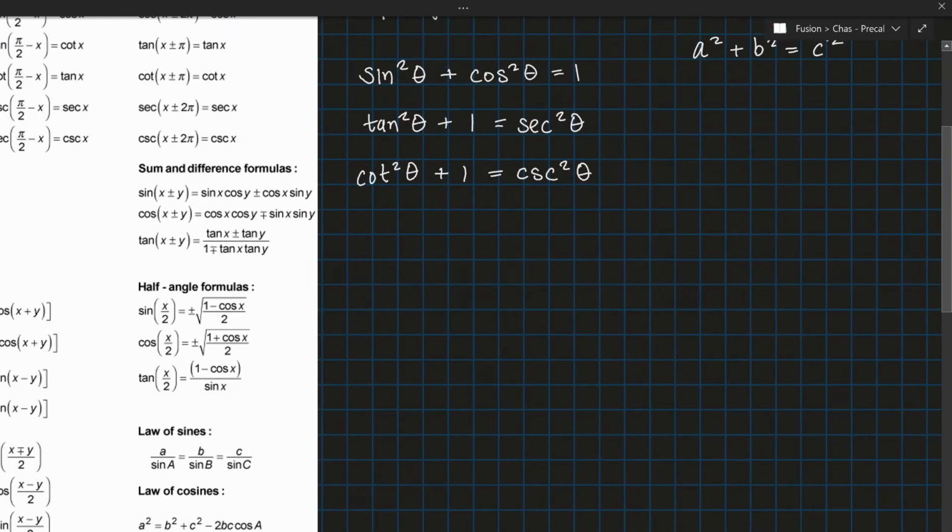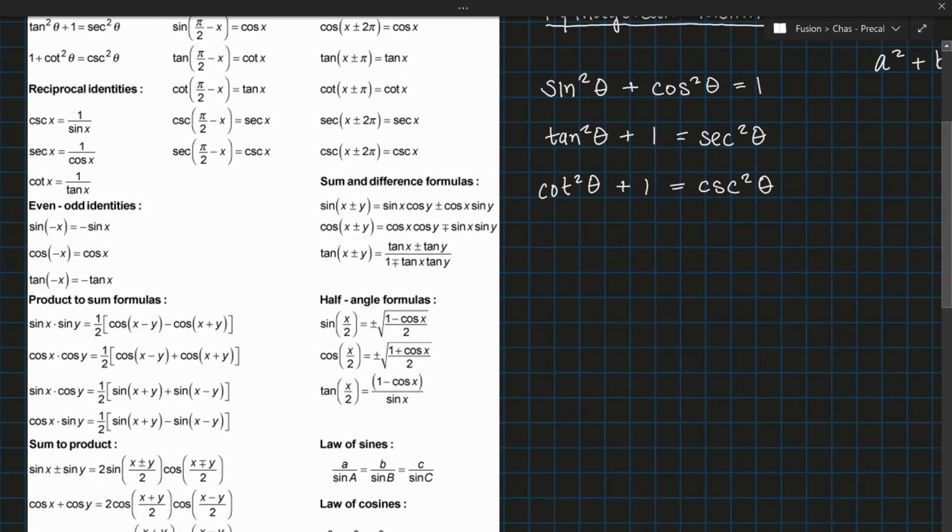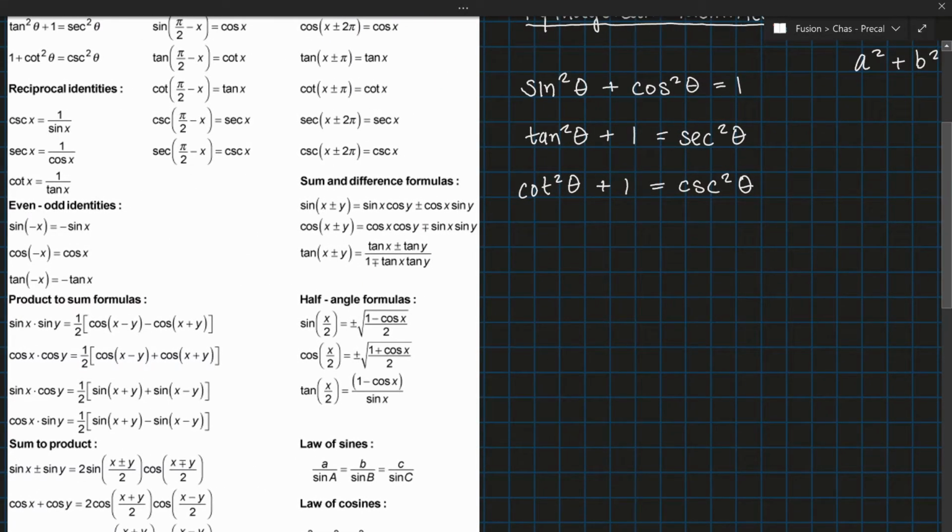Another set that we kind of already touched on, but I would suggest that you memorize them, are the reciprocal identities. So cosecant theta equals 1 over sine theta.